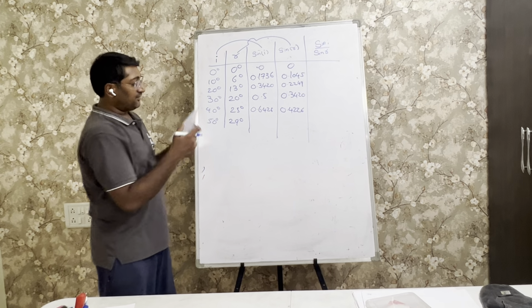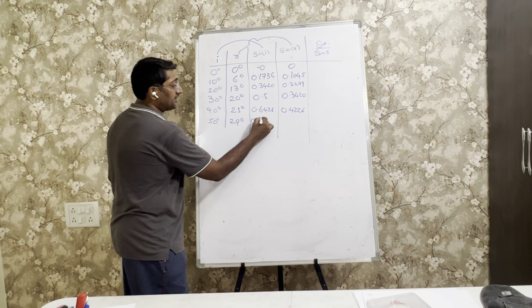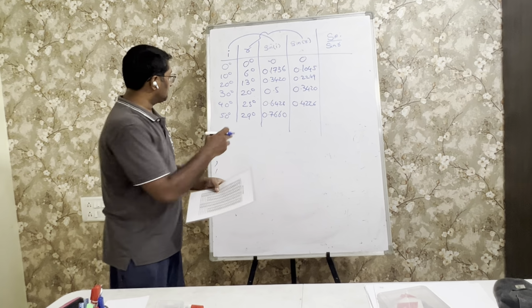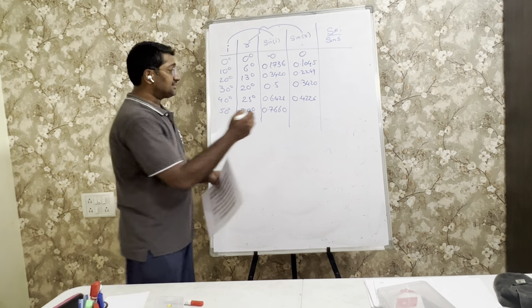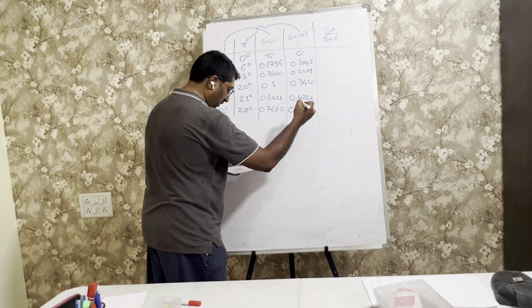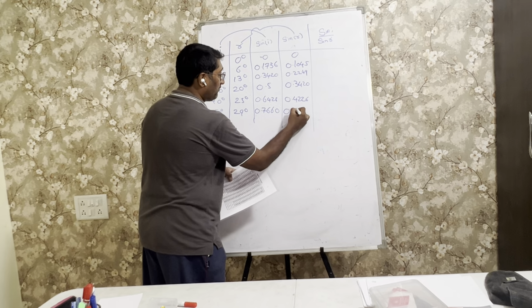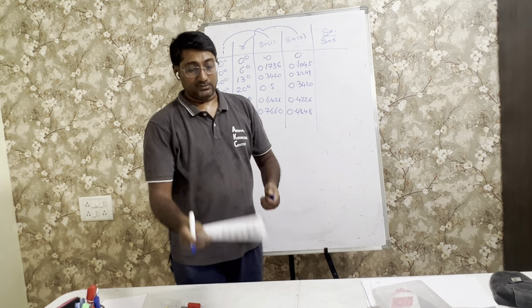Sine 50 degrees is 0.7660 and sine of 29 degrees is 0.4848.